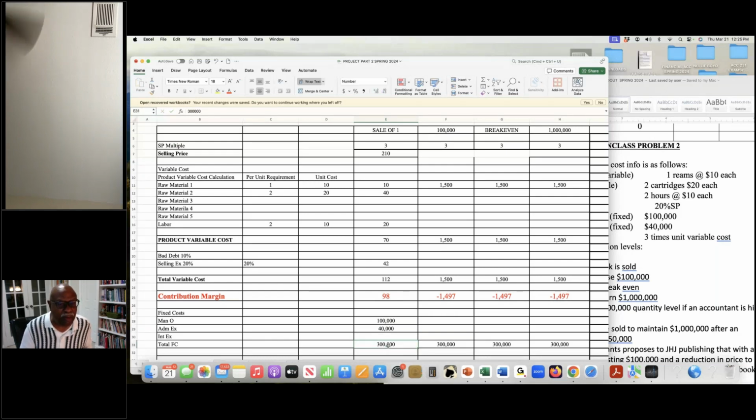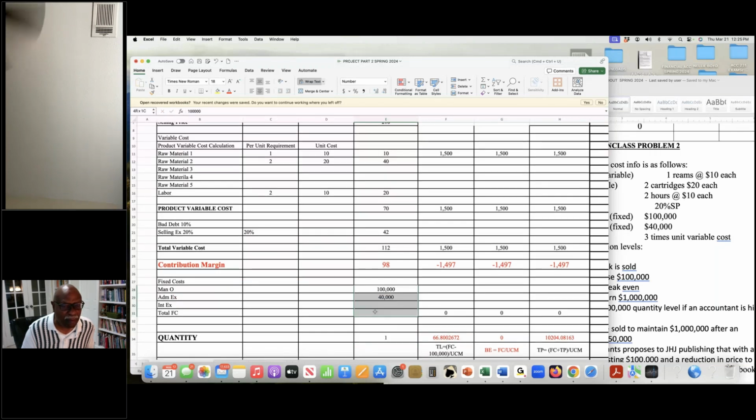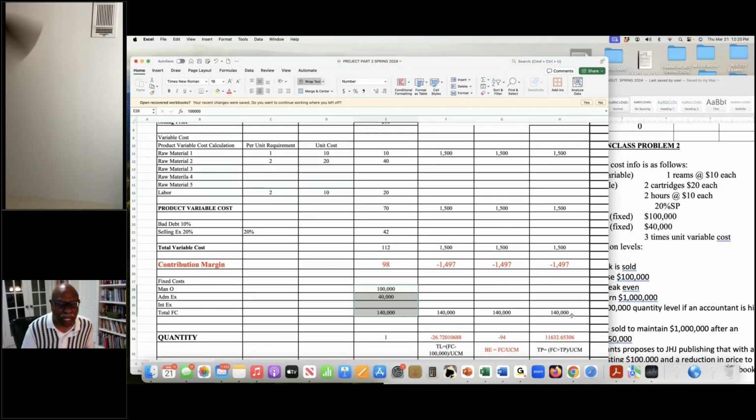So now when we get ready to do the fixed cost, we always got to add these items. Okay, so we're going to auto sum them. So our total fixed cost is 140. And notice it's jumped to 140 everywhere.